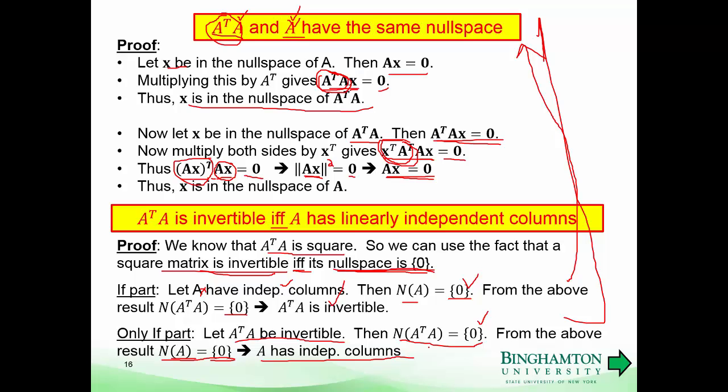Now that projection matrix needed this result because the projection matrix has A transpose A inverse in it. But we've now guaranteed that if we start off with linearly independent columns, and there's no reason why we can't, because if you throw in a couple of dependent columns, they're not giving me any other part of a different subspace. So I throw them out. So I can always do this.